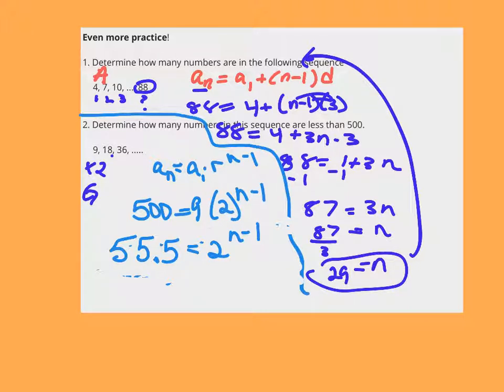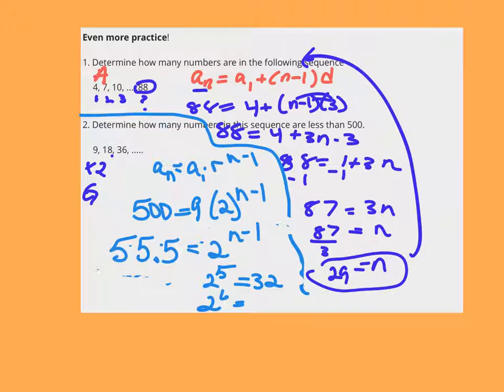I know that if I take 2 to the 5th, that's equal to 32. 2 to the 6th is equal to 64. So since 64 is too high, we know we're looking at 2 to the 5th.